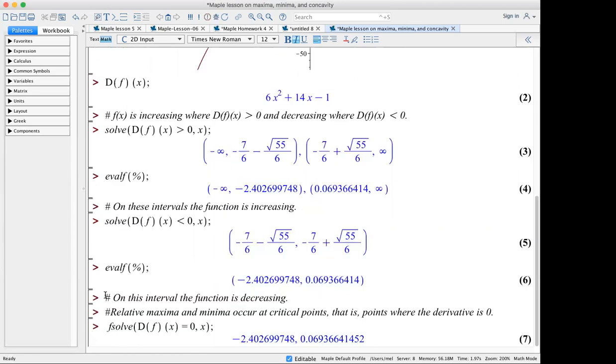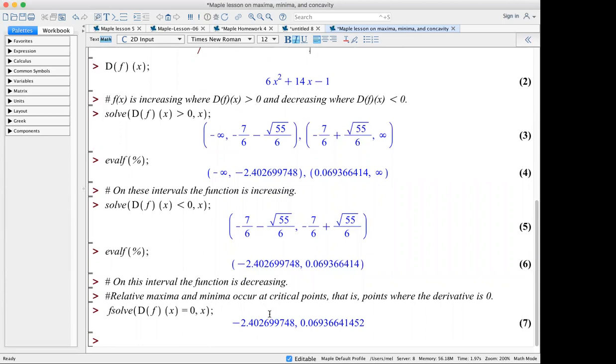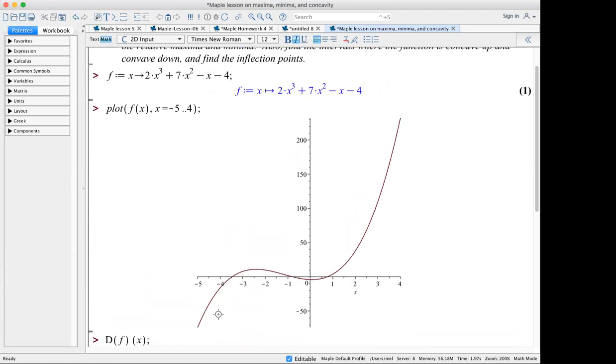Let's actually use fsolve. So this point is a maximum. And this point is a minimum, which is exactly what you see when you look at the curve.